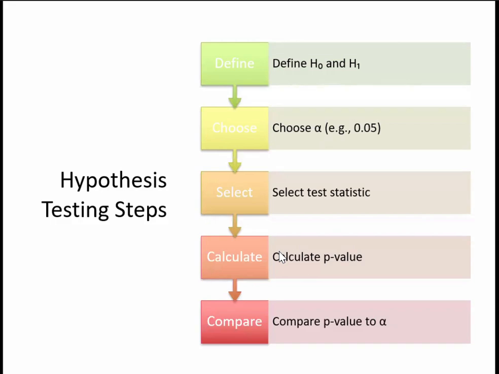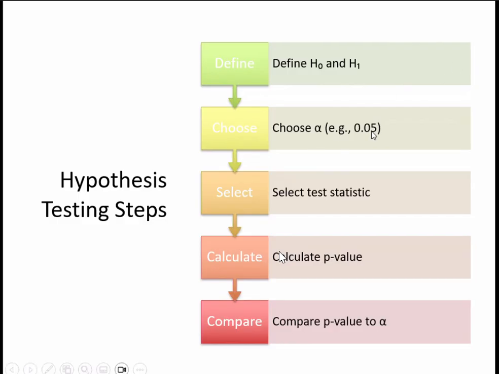The percentage of you being wrong is what we call the significance level here.